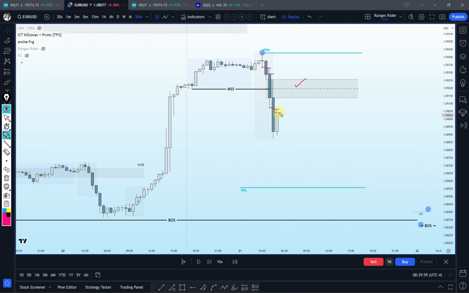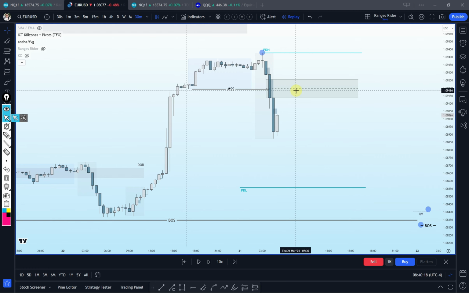Why? Because this is in the discounted area. We want something from the premium, 50% or above, because this is too low. But in any case, even if the market takes this one, we can't help it. What we are looking for is the confirmation entry.